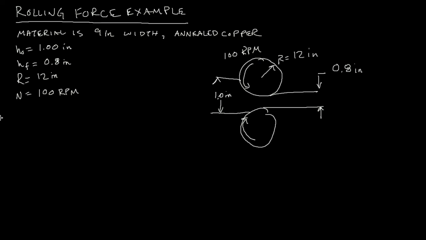And they have a radius of 12 inches. Okay, so to determine the force, we basically need to know the formula we're working with. So force is pressure times area. So we have a contact length times a width.